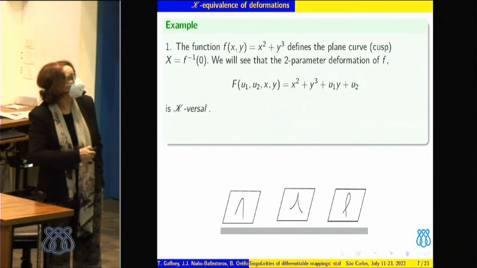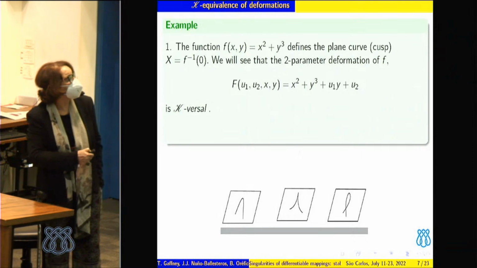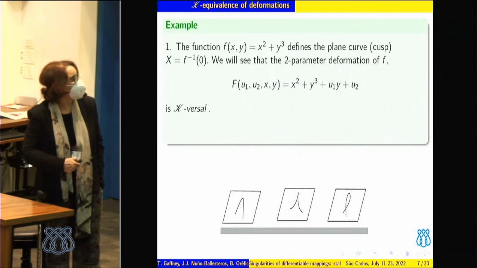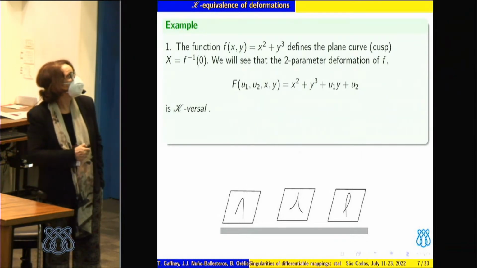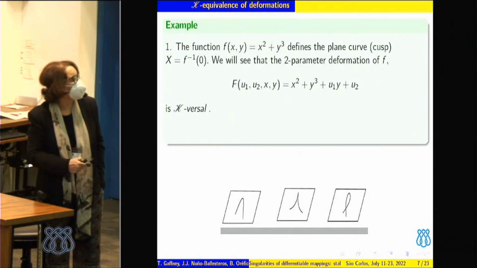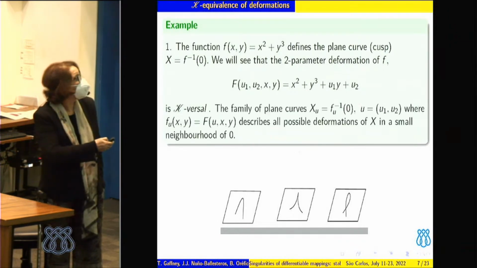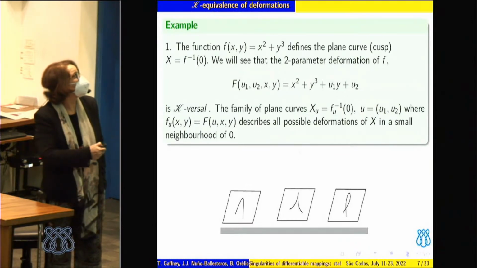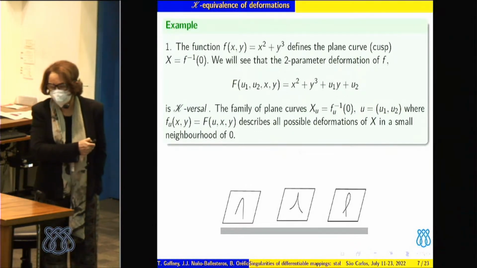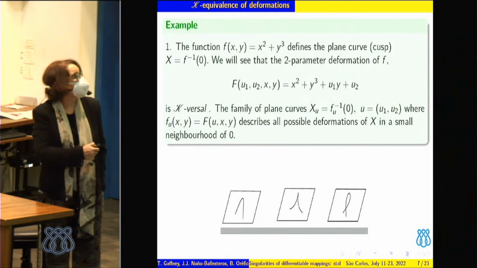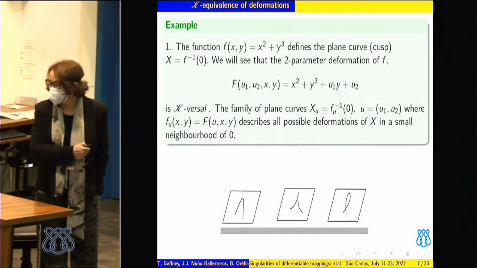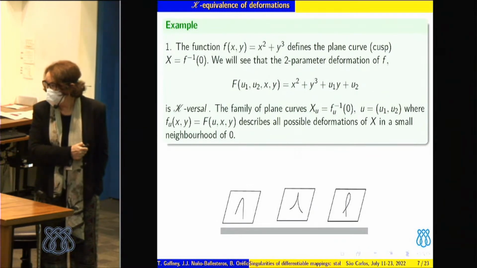And we can see that taking different values of the parameters, we can get different views of my plane curve for fixed u1 and u2. And we will see soon that this deformation is, in fact, the versal deformation of the cusp. Okay?